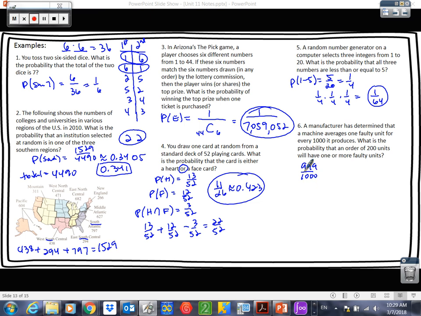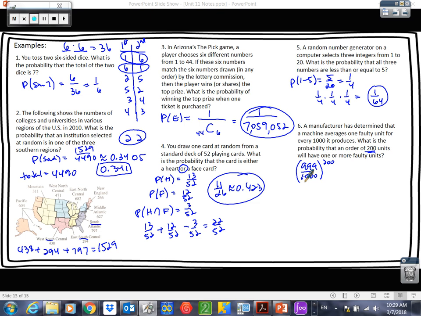Which is basically this raised to the 200th power. Are you with me? Okay, so I took the probability of one perfect unit, and I'm doing it 200 times. Why? Because I want 200 units. So this is going to be the probability that all of my 200 units are perfect.